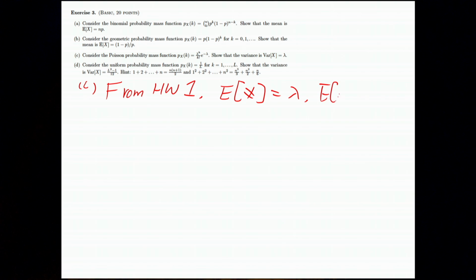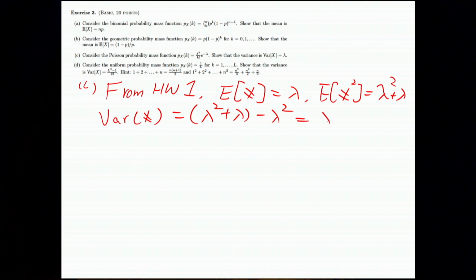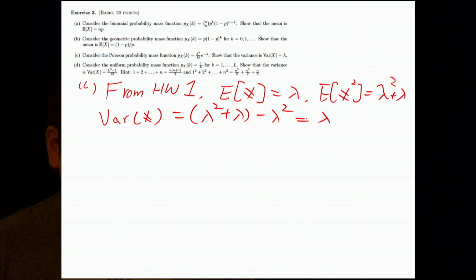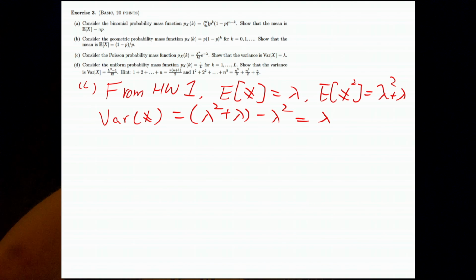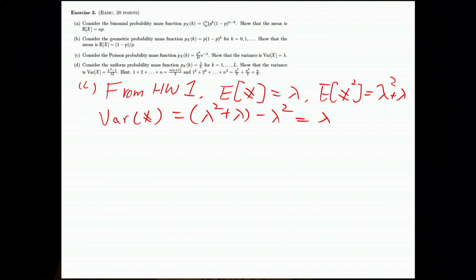Also, the expectation of x squared is lambda squared plus lambda. So the variance of x is lambda squared plus lambda minus lambda squared, which is lambda. Please check your homework 1 and see how you get the expectation of the Poisson random variable is lambda.